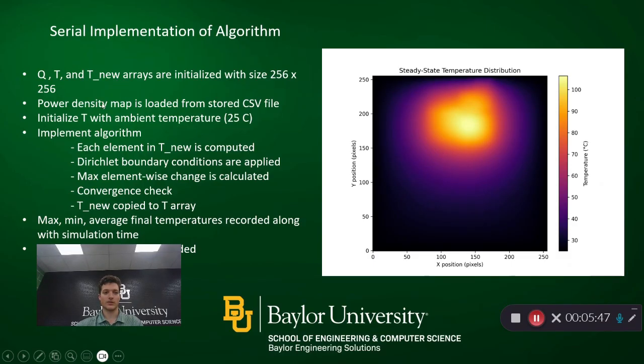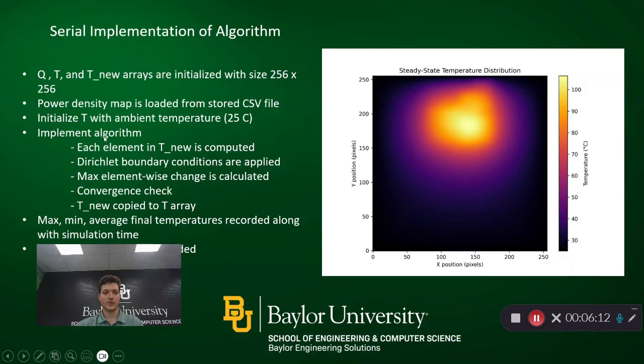Then I went on to load the power density map. I just had a separate Python script compute that from the previous slide, and then could load it in in CSV format. Next, initialize the temperature array. Need to have an initialized value, so I just set everything to be ambient temperature, 25 degrees C.